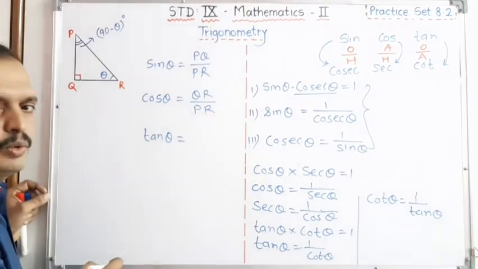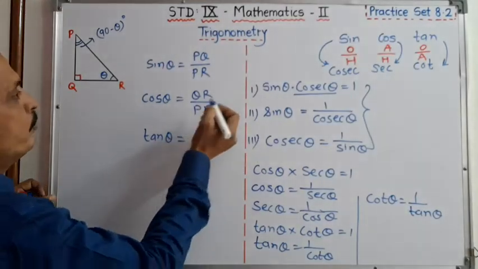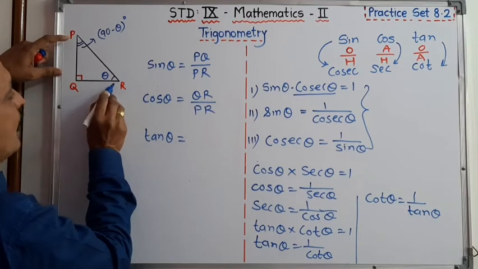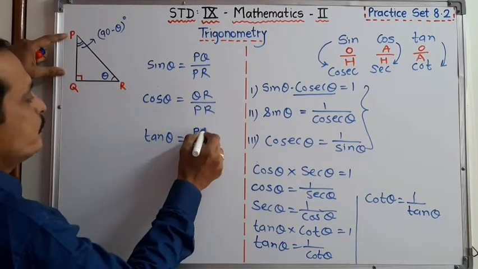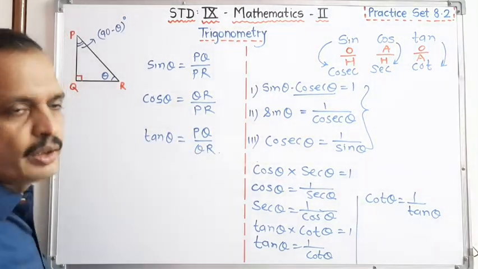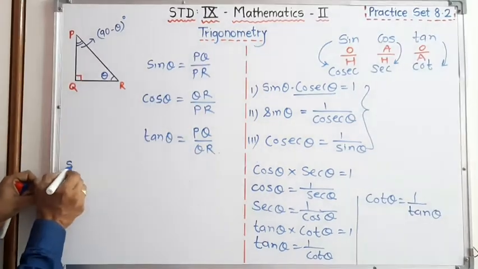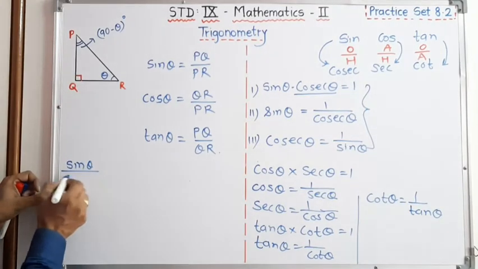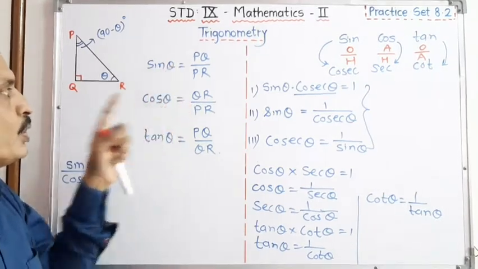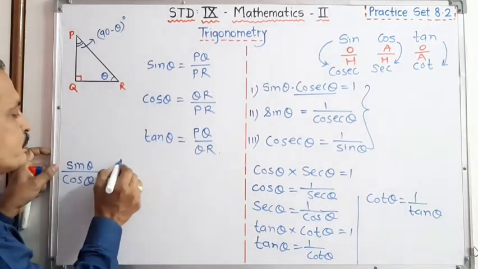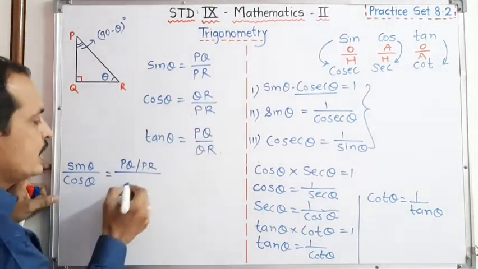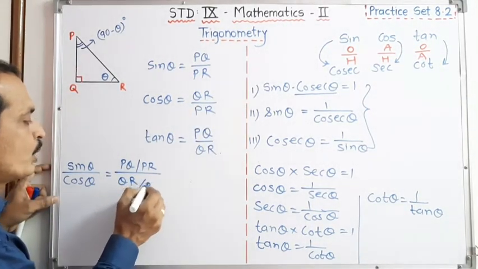Now we have to find out tan theta. Tan theta means opposite side upon adjacent side. For R, opposite side is PQ and adjacent side is QR. Now see dear student, I want here sin theta upon cos theta. I have to do the division of sin theta and cos theta. Sin theta is PQ upon PR divided by cos theta is QR upon PR.